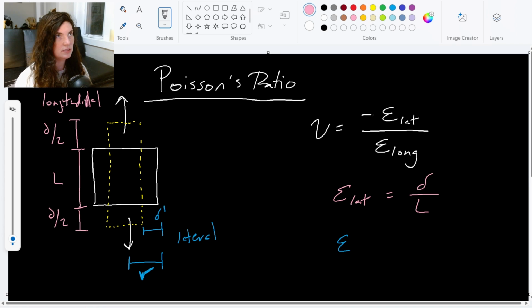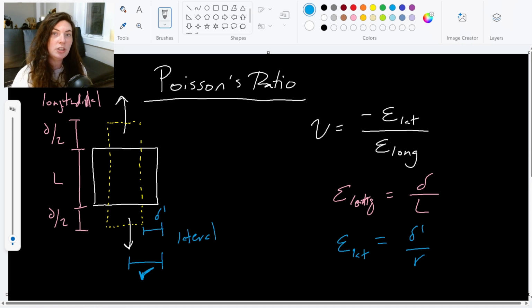This is longitudinal, and the lateral one, that's our radius one, perpendicular to the direction of the force that is stretching this out. So delta prime over the original radius R. And again, this lateral one usually comes out as a negative, so we put in a negative to negate it. We want it to come out as a positive.